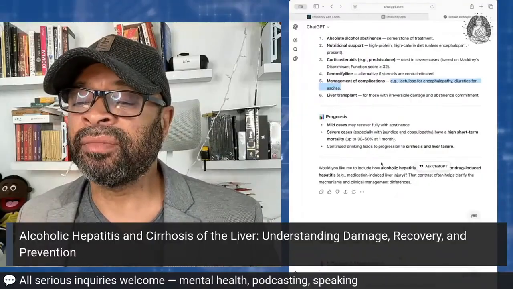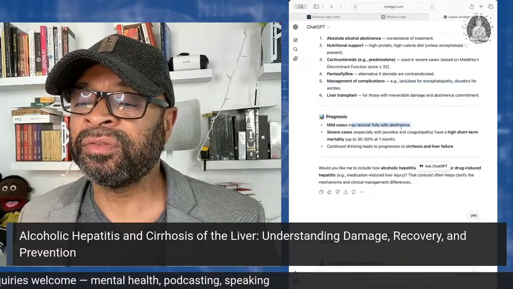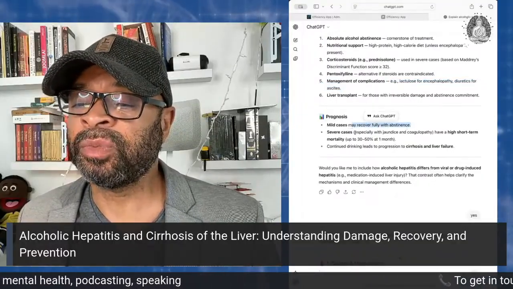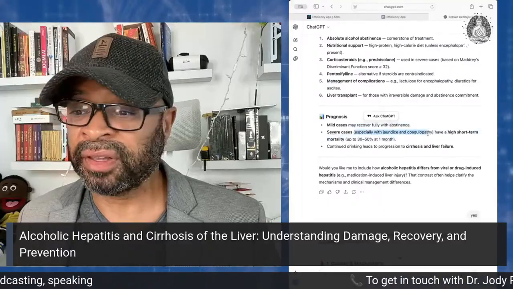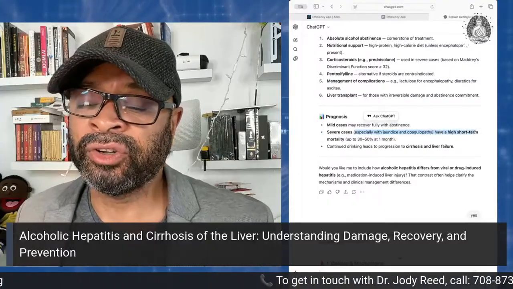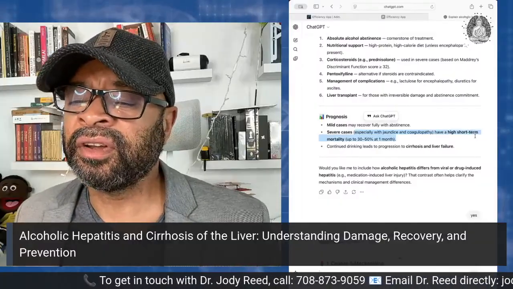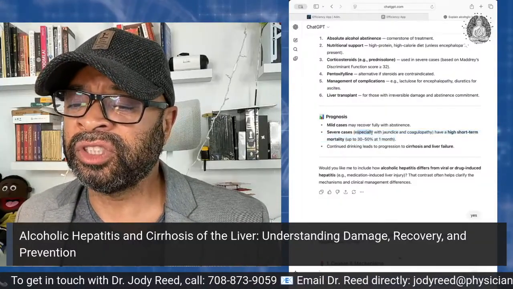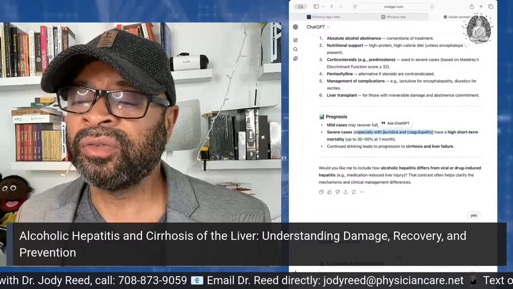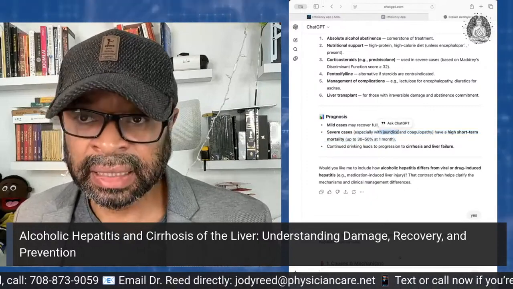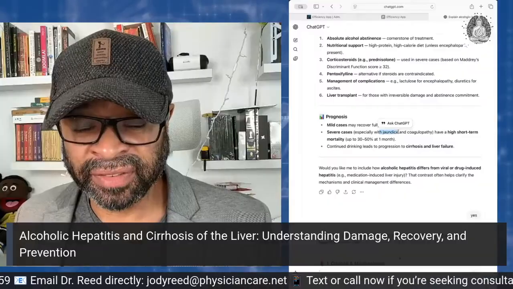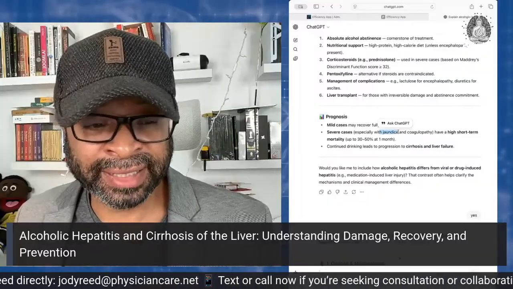Prognosis: mild cases may recover with full abstinence. Severe cases, especially with jaundice and coagulopathy, have a high short-term mortality. So jaundice means a disruption in the fat metabolism, right?